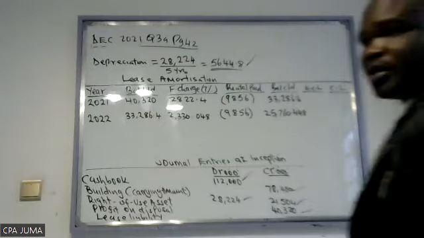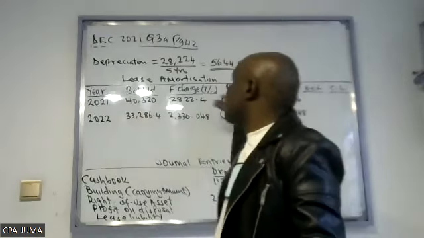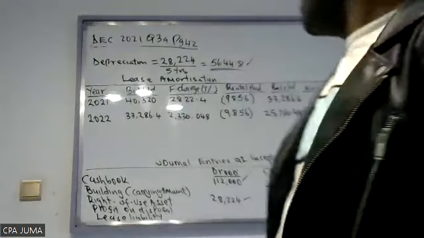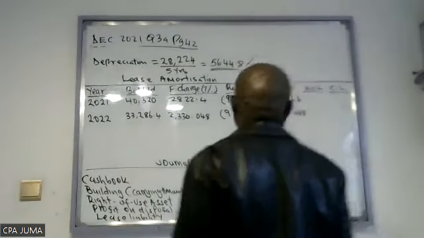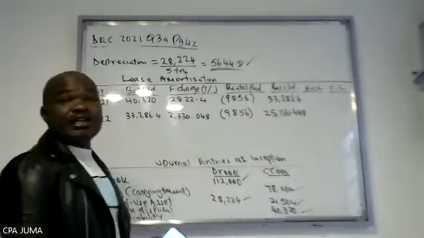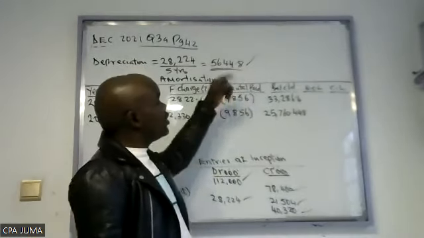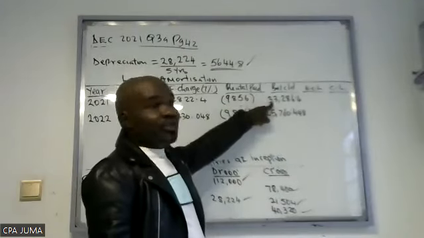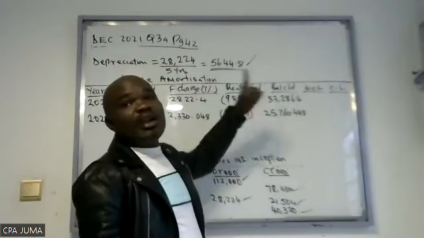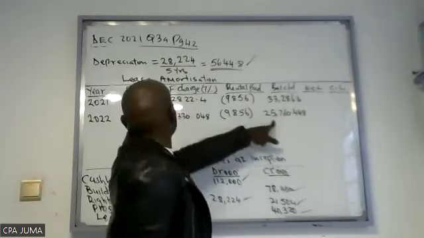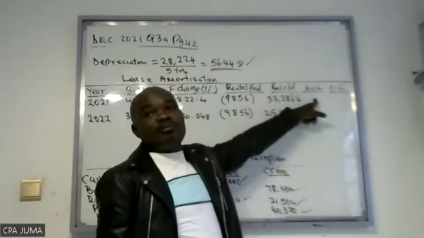Remember, our concern is only in 2021. We are only doing 1 year. So let's go to the liability aspect. In 2021, and that's the only one we are doing, total liability is 33. Of 33, what will remain after 1 year is 25. So 25 comes to 2021 as long term.